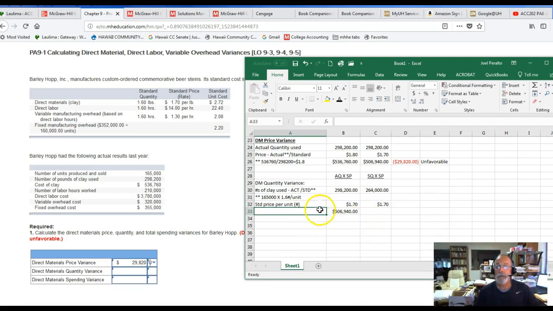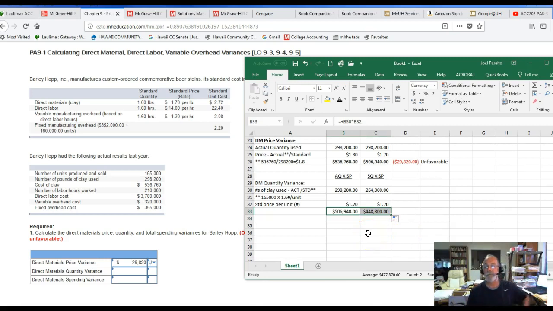And so our actual quantity times standard price compared to standard quantity times standard price.